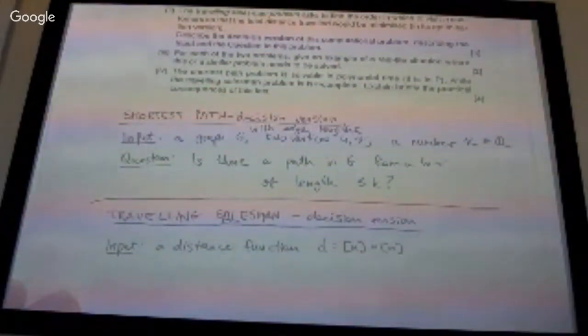So this is a distance function d, which for any pair of numbers in the set 1 to n gives you some rational number.